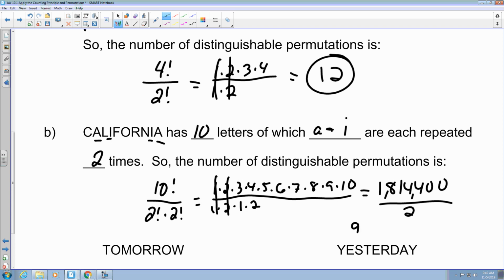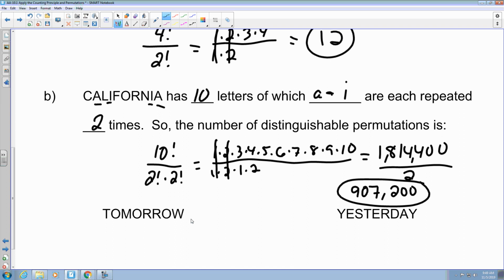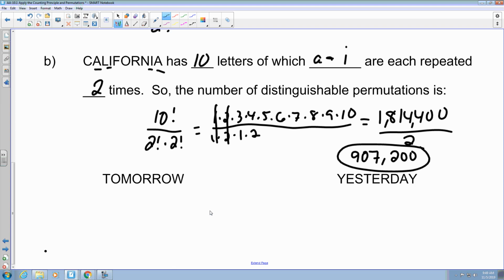Now I get a total of 907,200 distinguishable permutations.